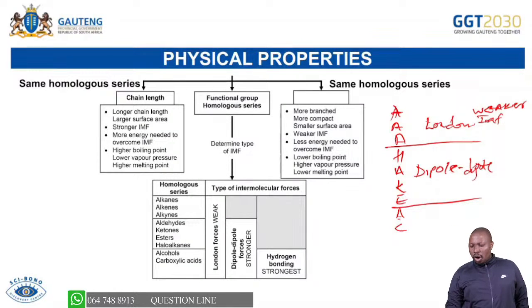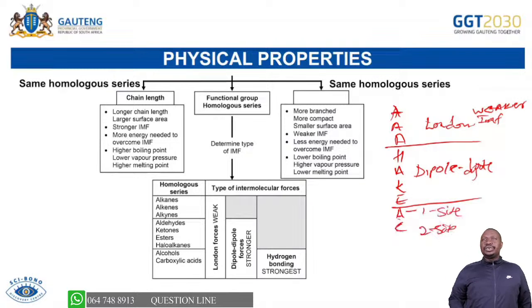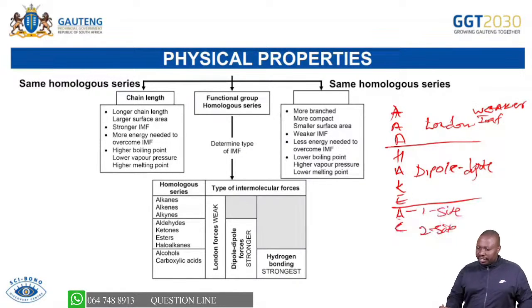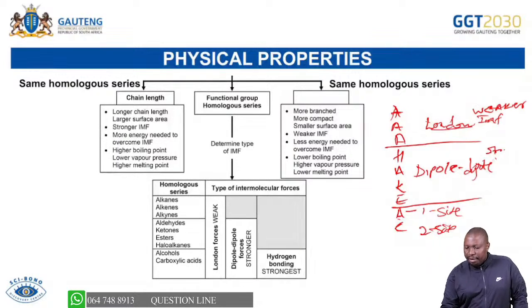If you have alcohol and carboxylic acid, alcohol has one side of hydrogen bond and the carboxylic acid has 2 sides of hydrogen bond. In terms of strength, London is weaker, and dipole is stronger than London but weaker than hydrogen bond. Obviously, both have hydrogen bond, but one side cannot be stronger than 2 sides.